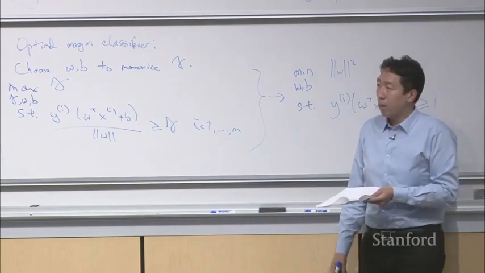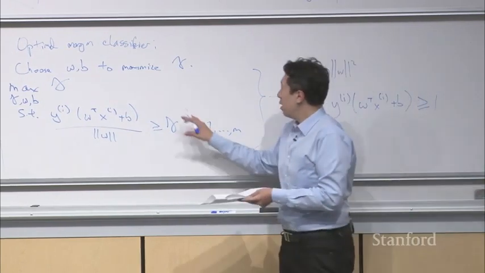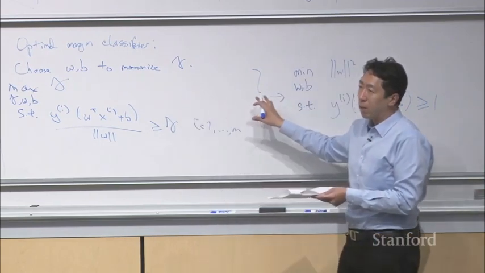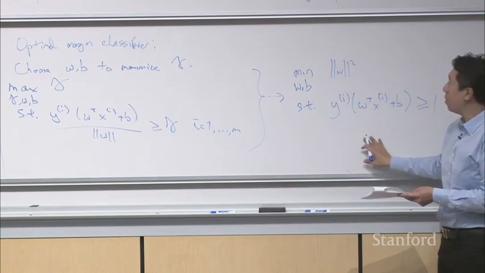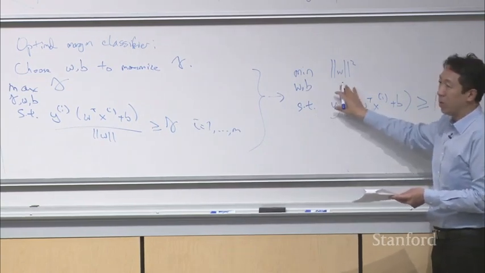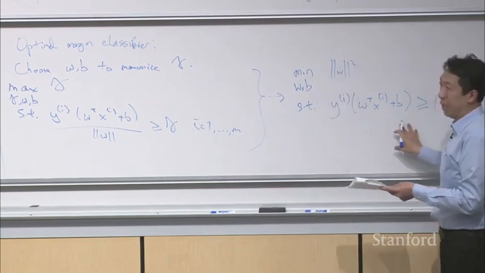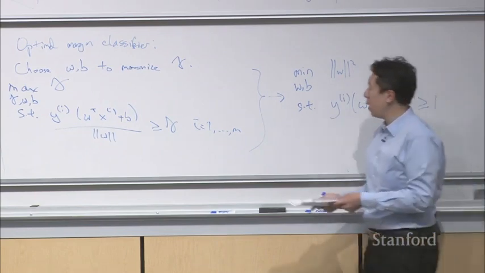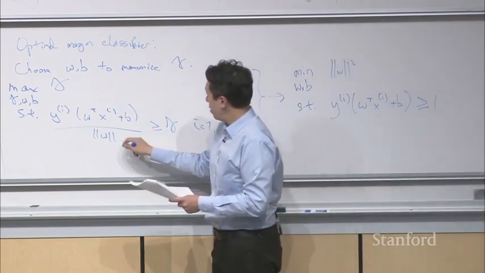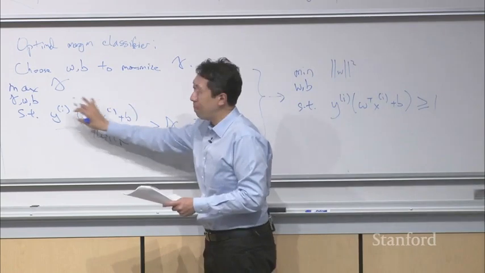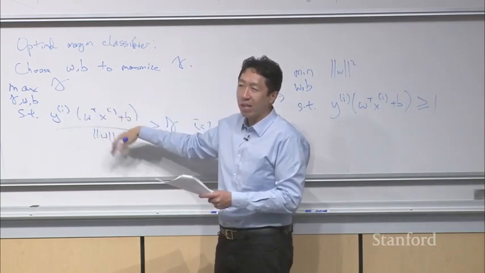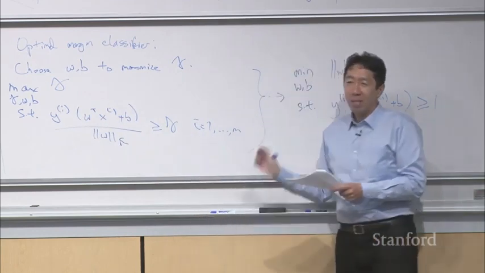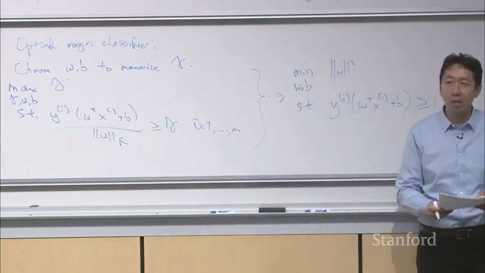What we show in the lecture notes is that through a few steps, you can rewrite this optimization problem into the following equivalent form, which is to minimize the norm of W subject to this. Maybe one piece of intuition to take away is that the smaller W is, the less of a normalization division effect you have. But the details are given in the lecture notes.